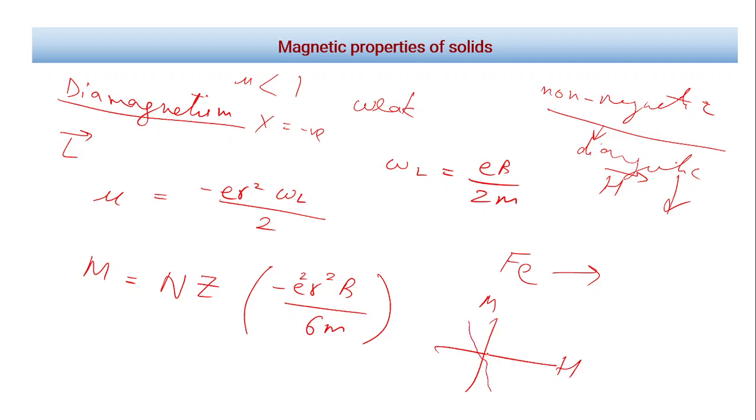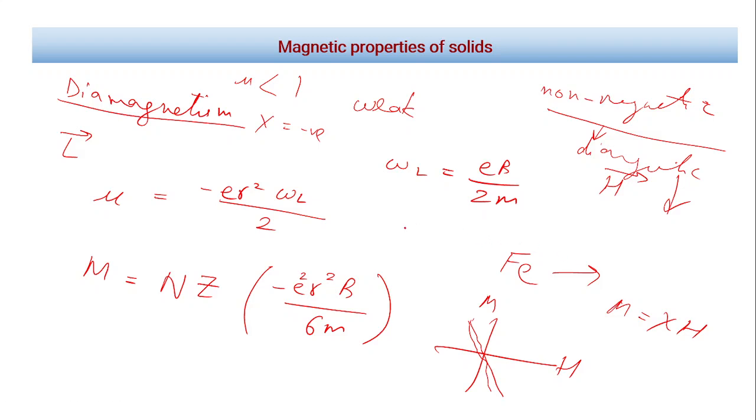So its behavior is that it passes through the origin and it is linear, and the slope may vary depending on what kind of material it is and what the value of susceptibility is, because M is chi times H, and for a diamagnetic material chi is negative, so that's why the slope is like this. But we may not see this behavior for iron because the dominant one is ferromagnetism.